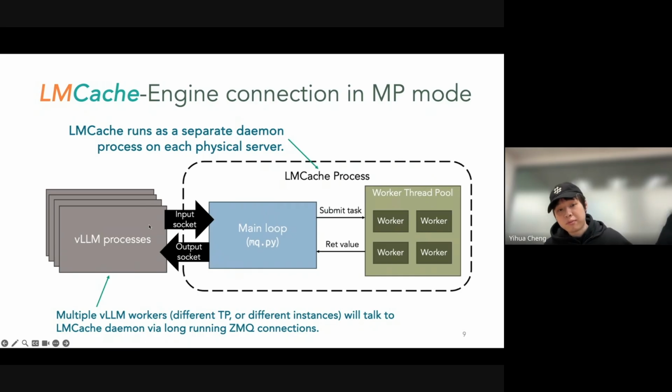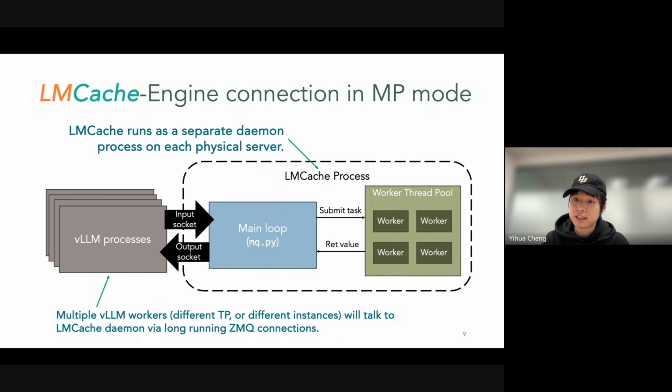Every time vLLM wants to offload some KV cache into LMCache, it sends a request to this input socket, and LMCache takes the request, processes it in the LMCache daemon's worker thread pool, and after it's done, returns the return value to the vLLM process via this output socket.